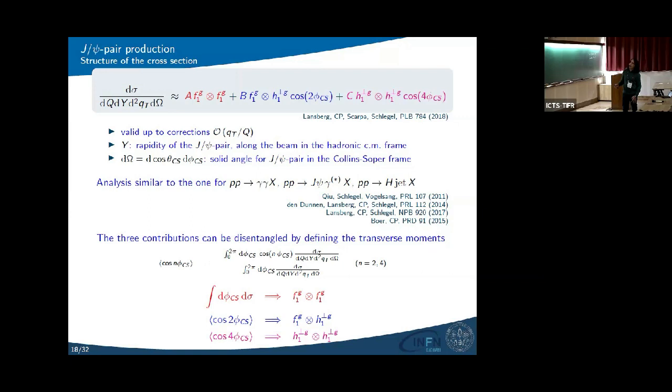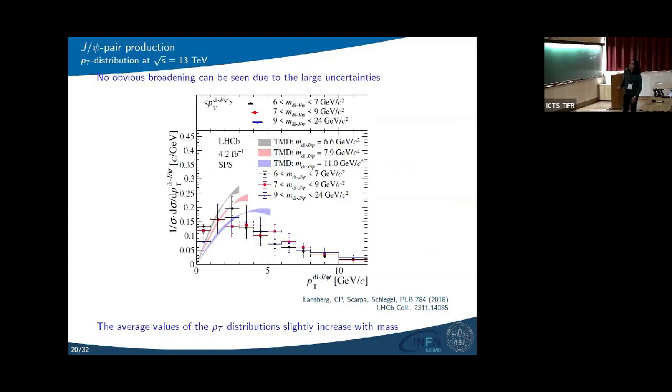But now what came after this, very recently, some months ago, LHCb took new data in different regions of the double J/psi mass, between 6 and 7, the black points, the red one between 7 and 9, and between 9 and 24, and they used our previous predictions.